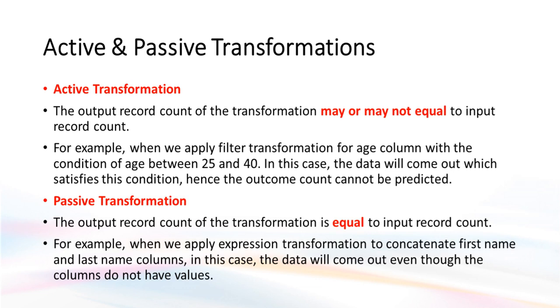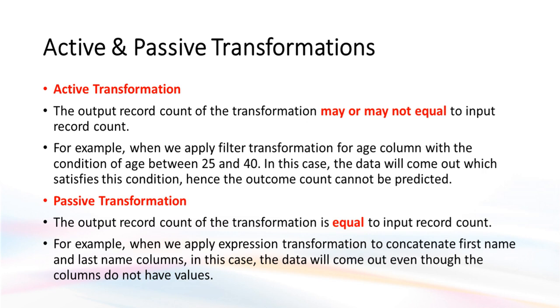I have given one example here. When we apply a filter transformation on the age column with the condition of age between 25 and 40, the data which satisfies this condition will come out. Hence, the output count cannot be predicted. Just now I gave you one example with salary; the same example I have explained here with an age column.